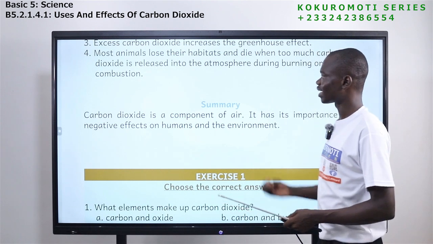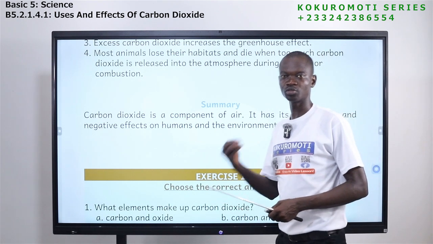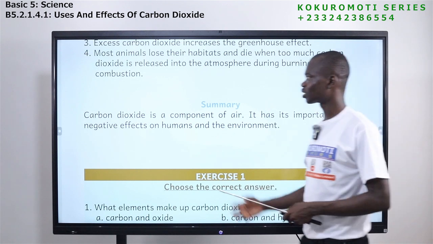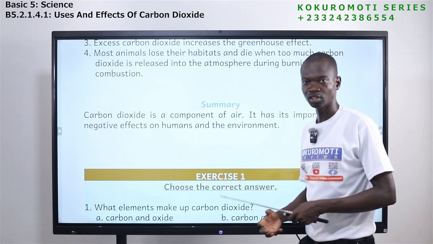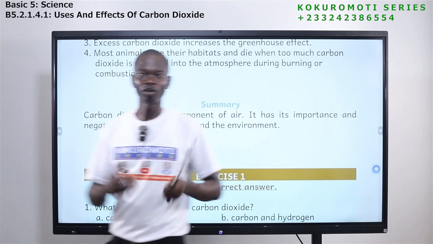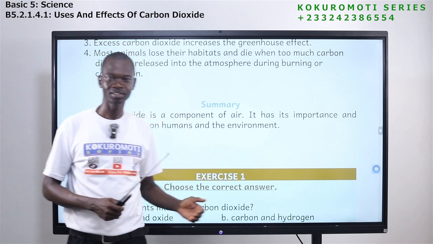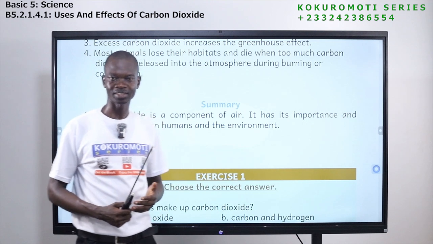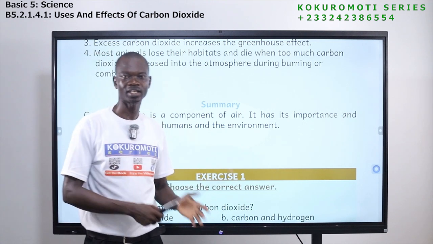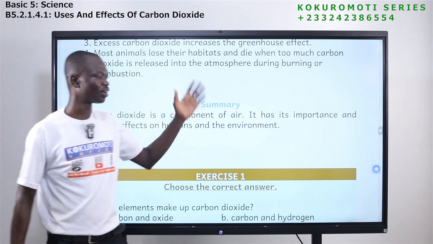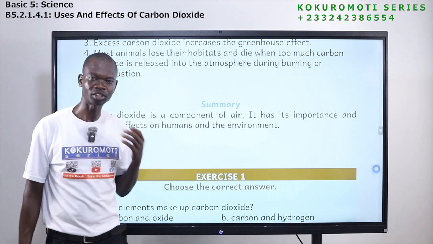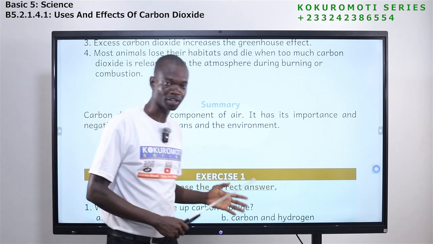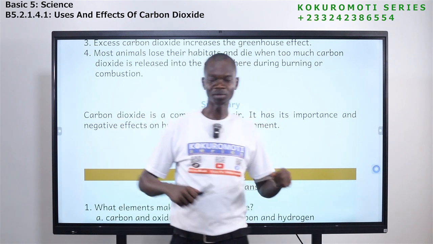We use carbon dioxide to prepare or manufacture fertilizer. Carbon dioxide is also used to make pesticide. It is used to do so many things. It has negative and positive effects. And now we have seen the effects of carbon dioxide on human beings and on the environment. So this is what we have learned about carbon dioxide.